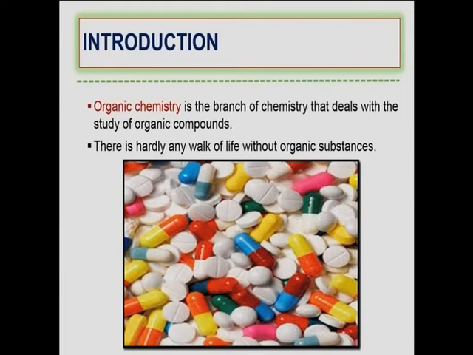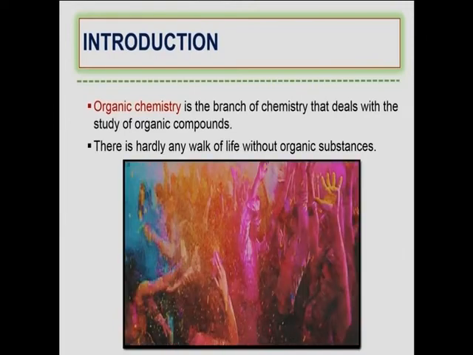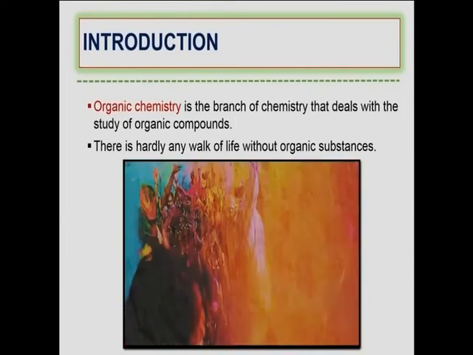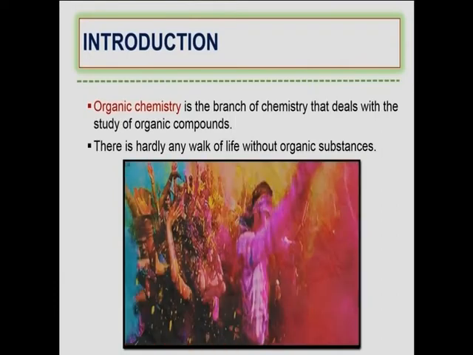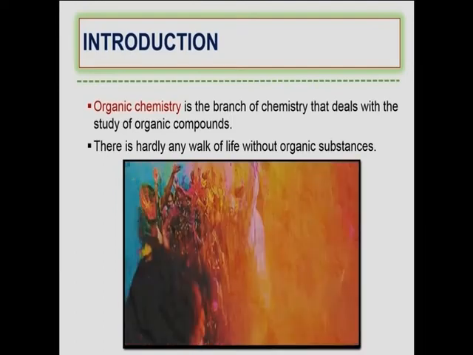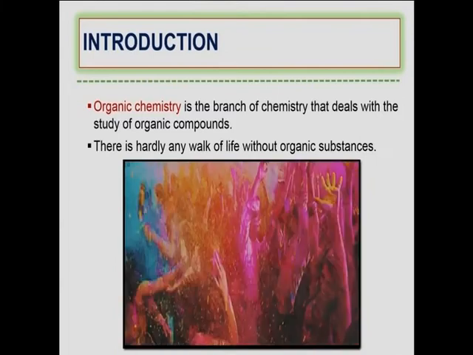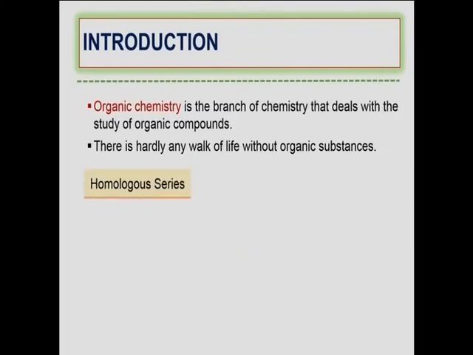We have different types of medicines that come from organic compounds. Today, you and I have the choice of selecting the favorite colors, because the colors are the product of organic substances. We have studied in class 9 and 10 that due to the unique property of carbon, there are a large number of organic substances, and due to this, organic substances have been categorized into different series which we call homologous series.